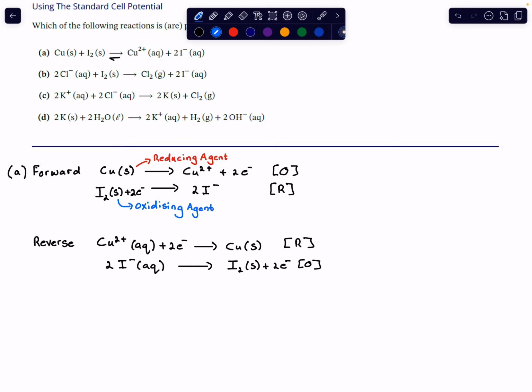So in the reverse case, copper 2 plus, being reduced, must act as the oxidizing agent, and I minus would be the reducing agent.